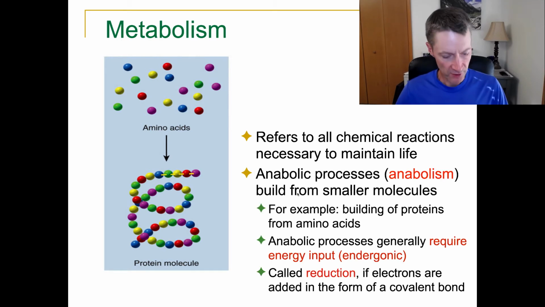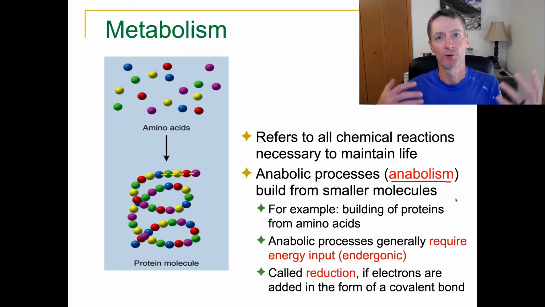We could refer to this as anabolism. Think anabolic steroids, right? So steroids are going to make you larger, right? You're going to put on muscle fast. So anabolic is a term for the processes we use when we're talking about building up something bigger from smaller molecules, okay?